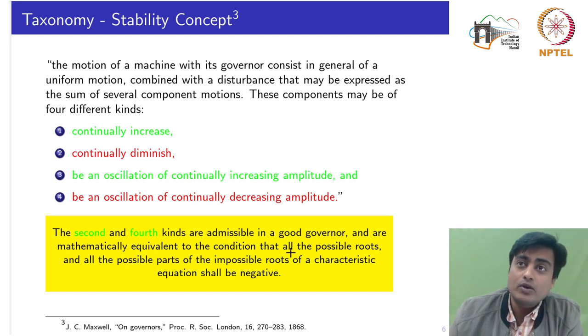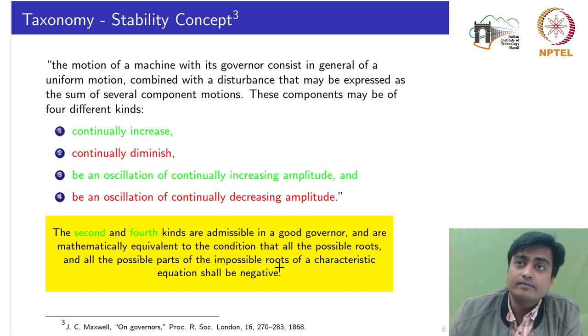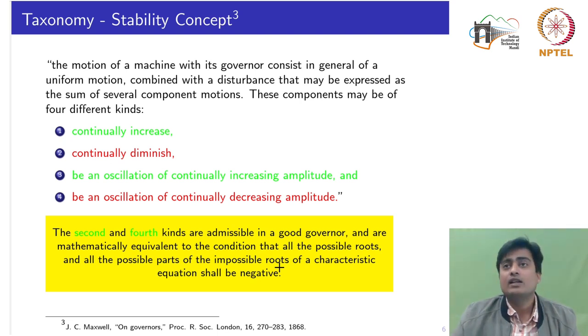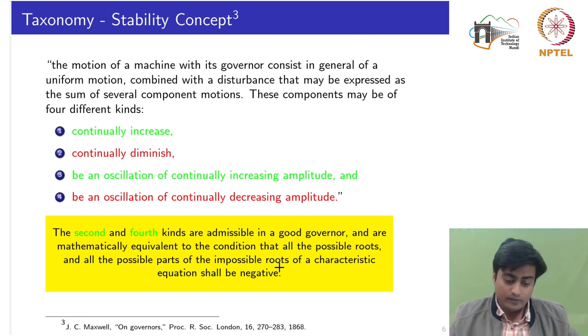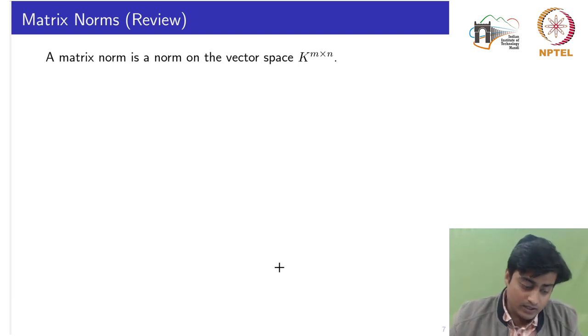If the root is impossible, meaning if the root is complex, then the real part of that complex root of a characteristic equation shall be negative. We will see the connection of this negative and positive eigenvalues or the roots of the characteristic polynomial in the sense of Lyapunov as well.